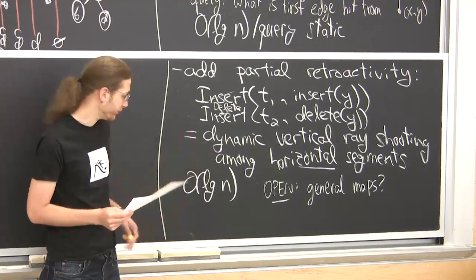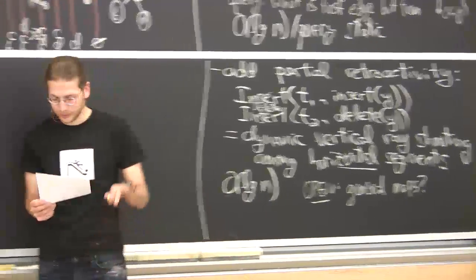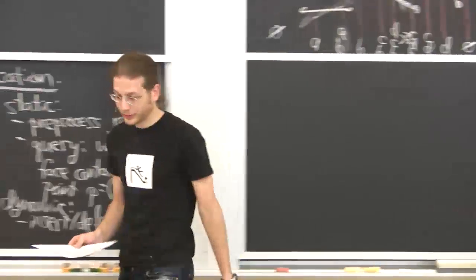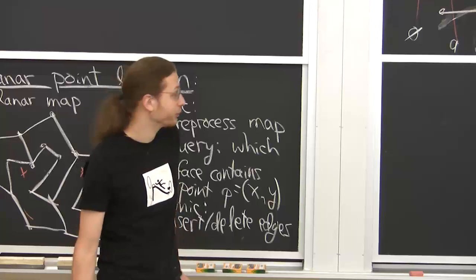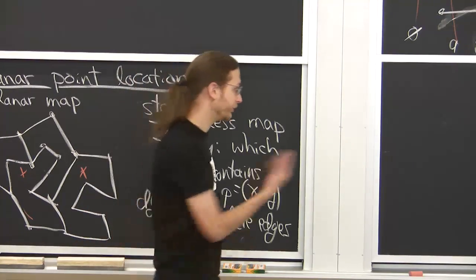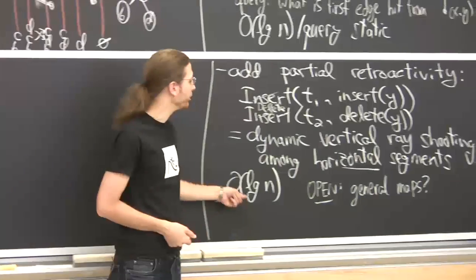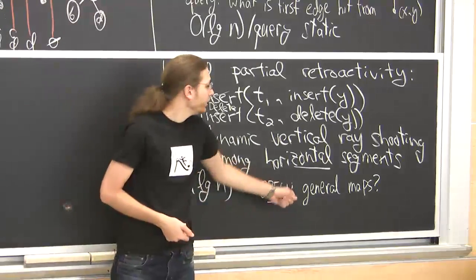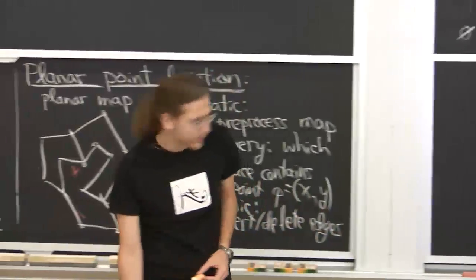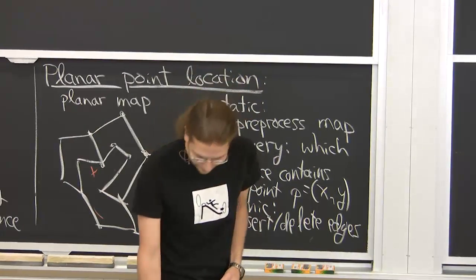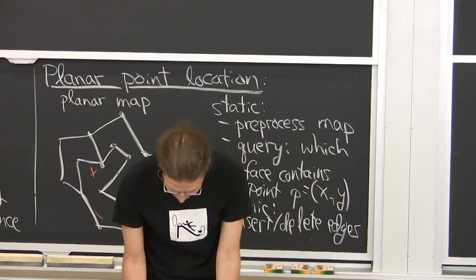There are some other trade-offs. Still, we don't know how to do deletes faster than log squared in any of the general solutions. So you can do log squared for everything, but the hope would be you could do log for everything, even when the segments are not horizontal. But here, retroactivity doesn't seem to buy you things. Be nice if you could.